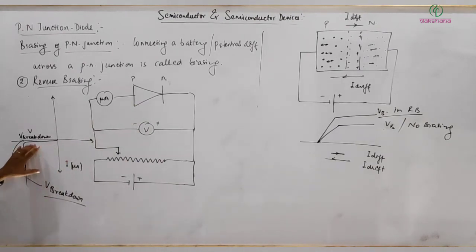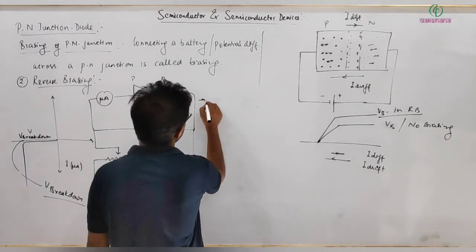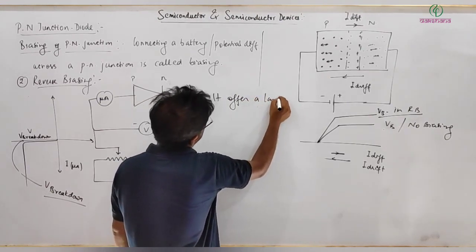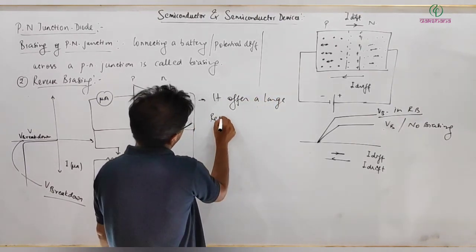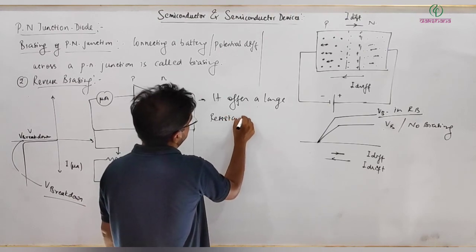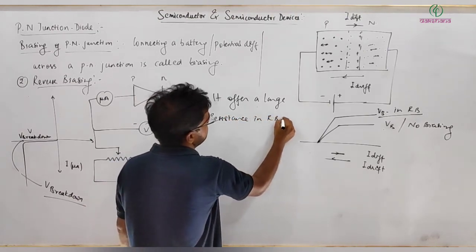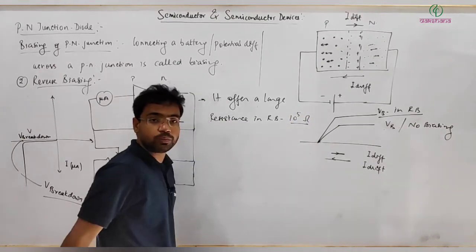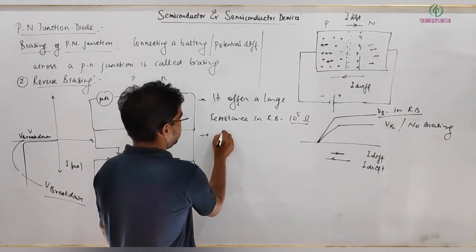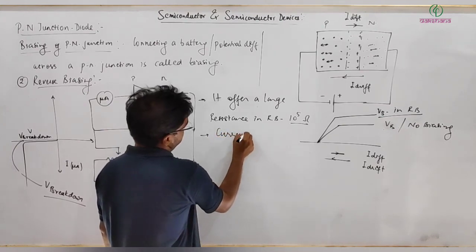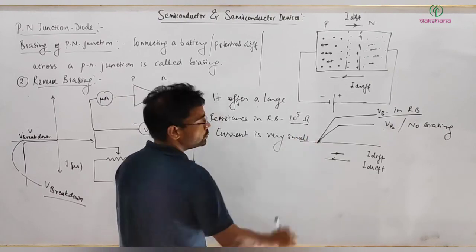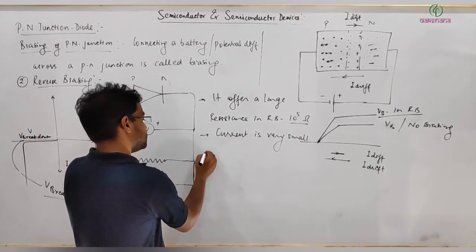Up to here you can see there is very small current, so you can say it offers a large resistance in reverse biasing, of the order of 10 to the power 5 or 6 ohm. The current is very small, only a few microamperes.